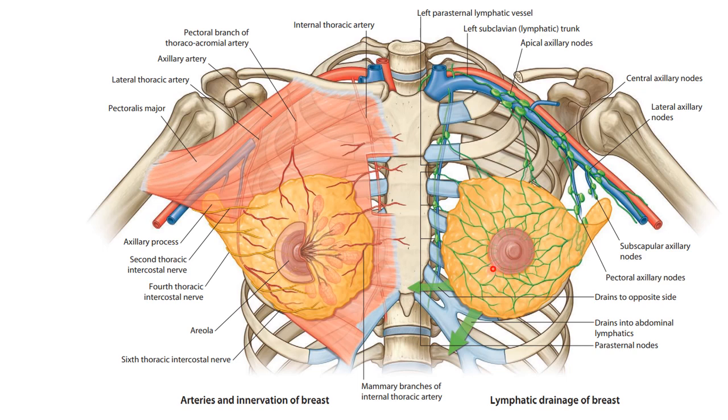Some lymphatics could go to the abdomen, to the liver on the right side, and to the abdominal lymphatics. So cancer of the breast may spread to the liver, to the contralateral breast, or to the lymph nodes.